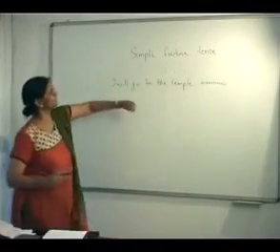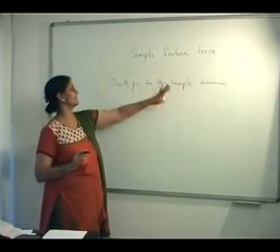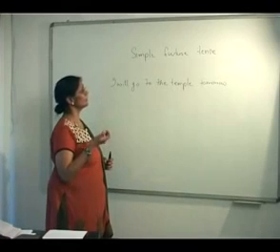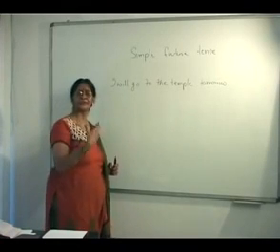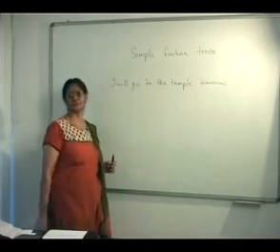So simple future is exactly what the name indicates, that we use simple future tense to speak about actions that we are going to do immediately in the future. Like I will go to the temple tomorrow.